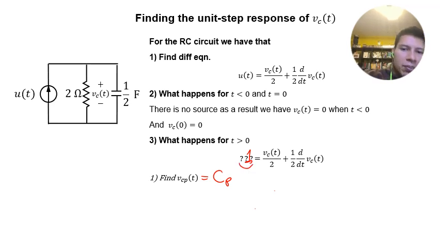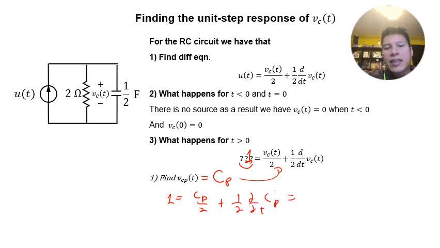And so to find CP, we're going to plug it back into the differential equation, and we're going to get that 1 equals CP over 2 plus 1 over 2 ddt of CP. But you know the derivative of a constant is 0, so we're just going to get CP over 2, which tells us that CP equals 2. So now we know what that constant is.